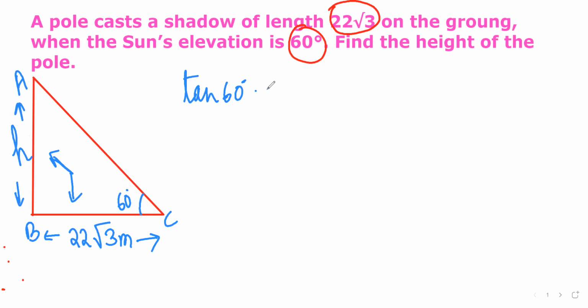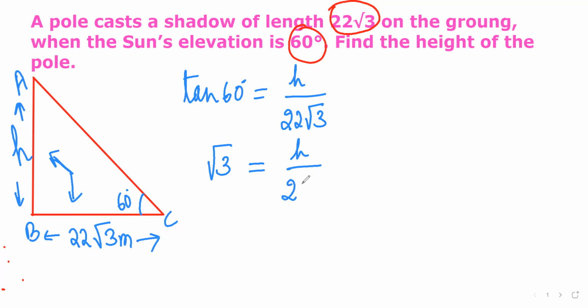So tan 60 equals opposite divided by the base. The base is 22√3. We can further simplify: tan 60 can be written as √3. These values we have to memorize from the table. So then √3 equals h divided by 22√3.